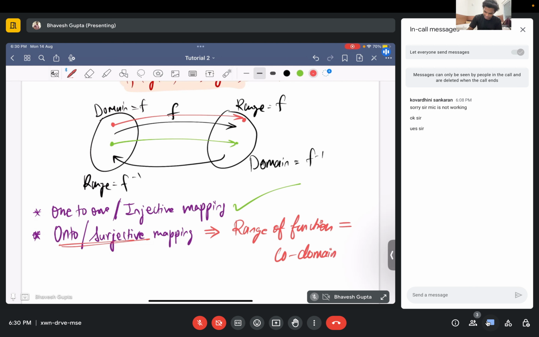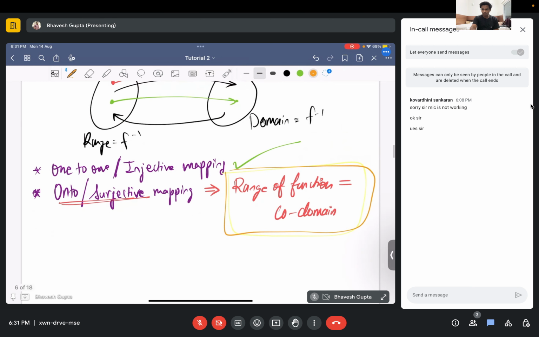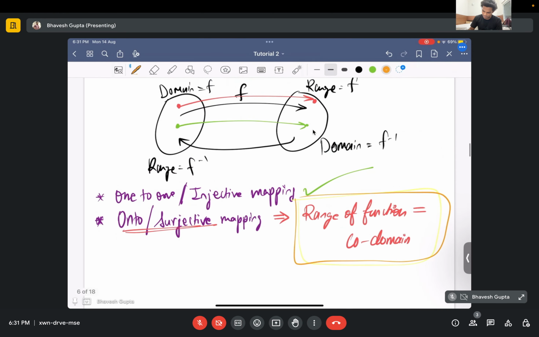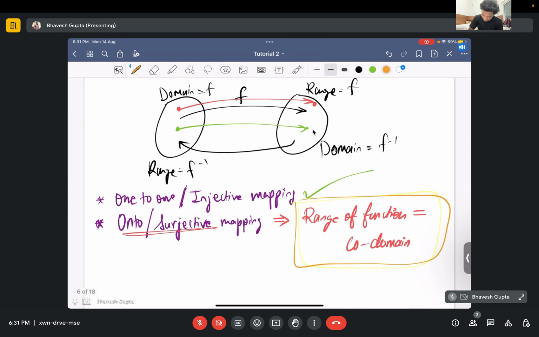Since this is a very technical word, if you are not understanding this language, it's okay. I'll tell you what this means. So this basically tells you that if we consider any element in this particular set, the range of this function, there always exists a unique inverse map, a unique map in the domain of this function.